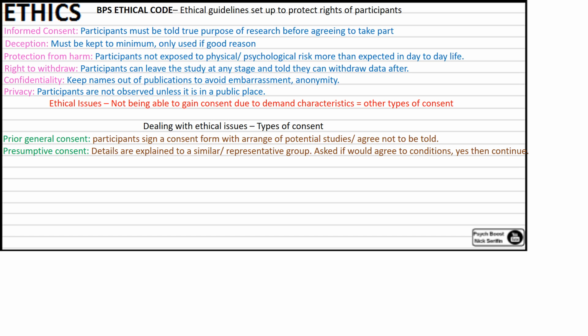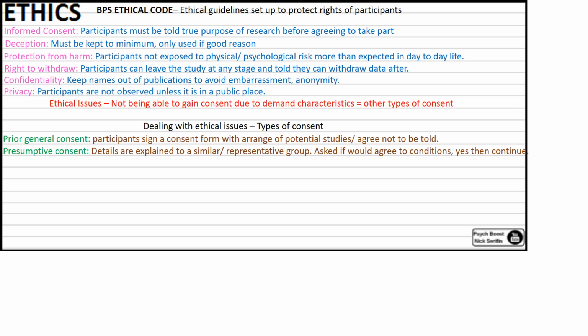Presumptive consent. Let's say you were wanting to do some research on a class, for example. You might go and ask a similar class with similar demographics, similar age groups, if they would agree to the conditions. So you'd explain the study in full to them and say, this is what I'd like to do, would you agree to take part in this research?